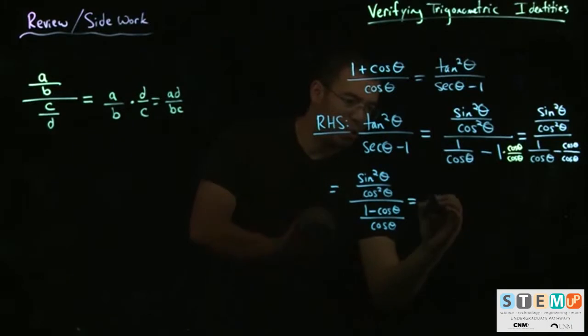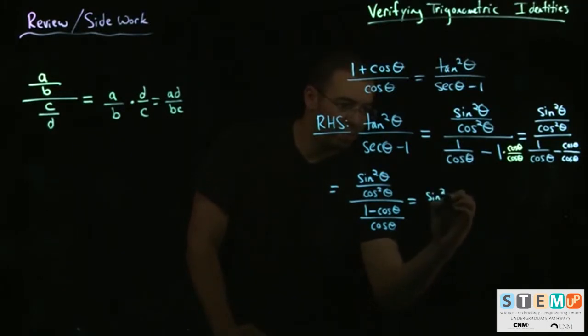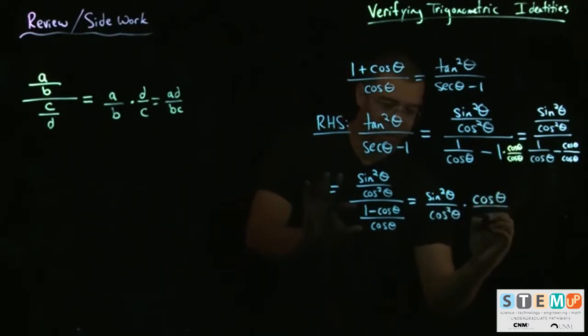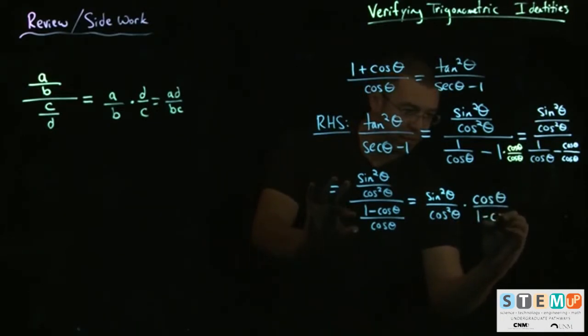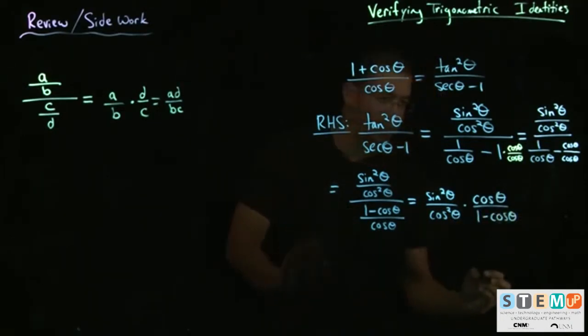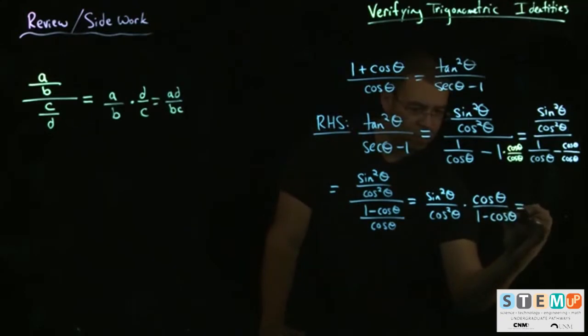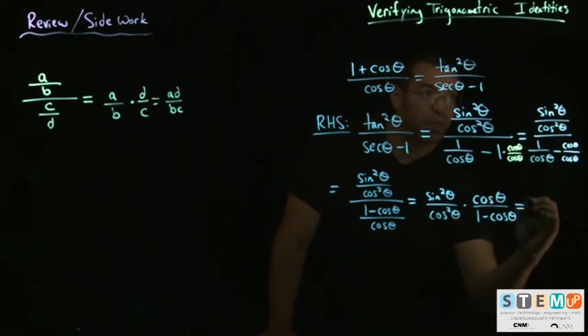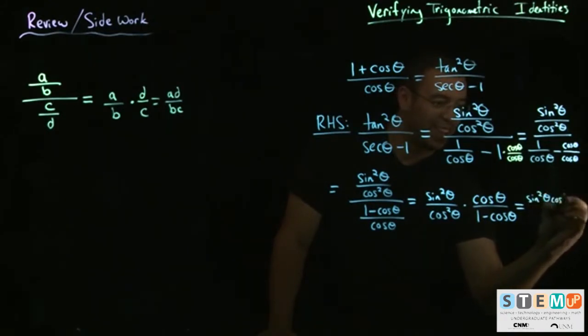Remember I said we keep our numerator the same. We multiply by the reciprocal of the denominator. And now, well, first let's just multiply straight across, right? I don't want to jump too many steps here.